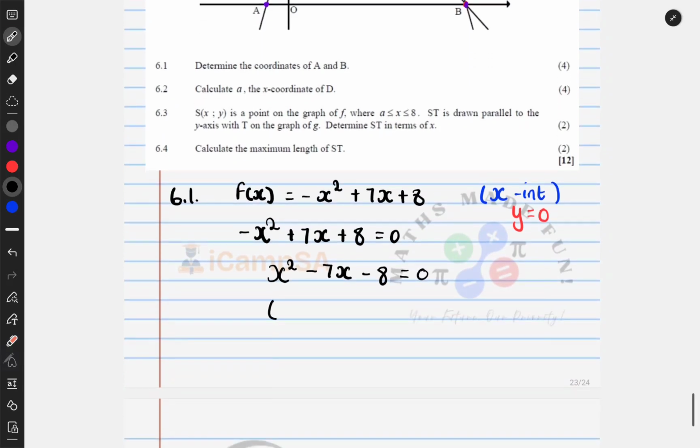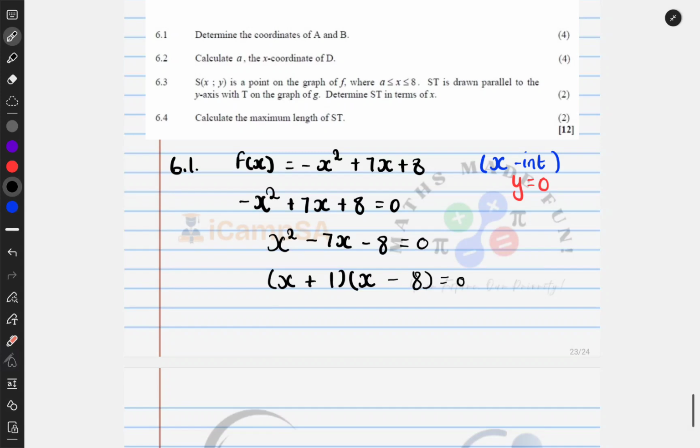Now let's find the factors of 8 which would give us 7. We'll have x and x, we'll have 8 and 1, and then we are supposed to have minus 8 here and positive 1. Therefore x is equal to -1 or x is equal to 8.